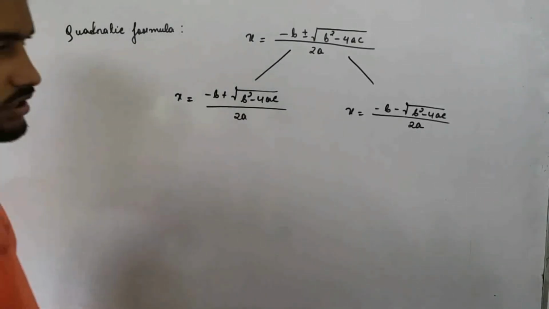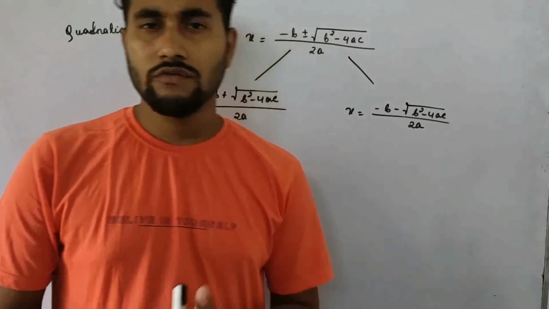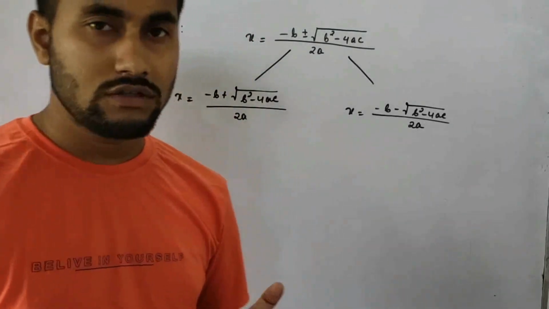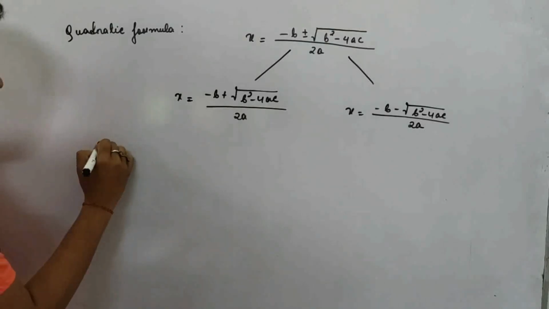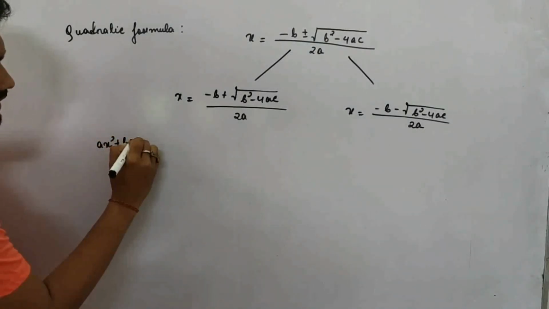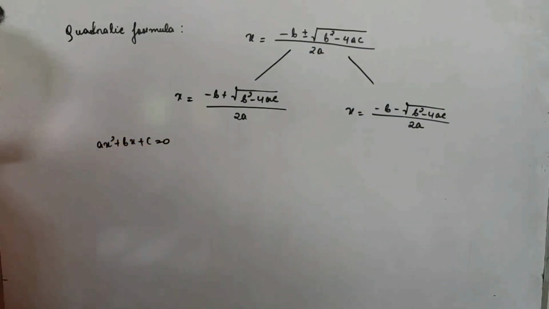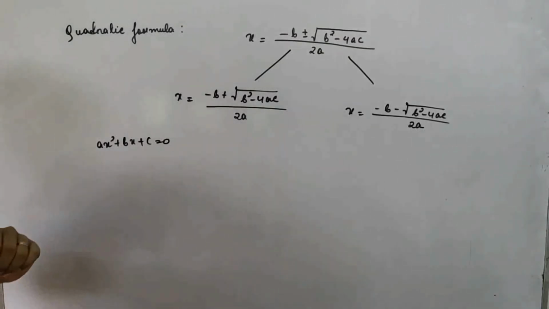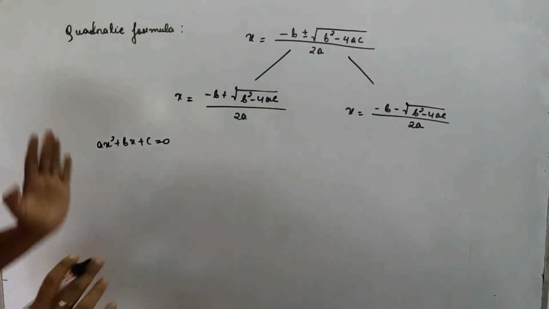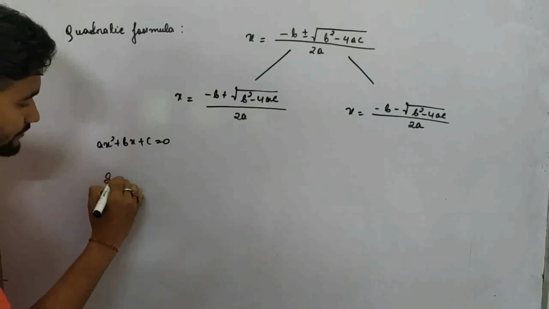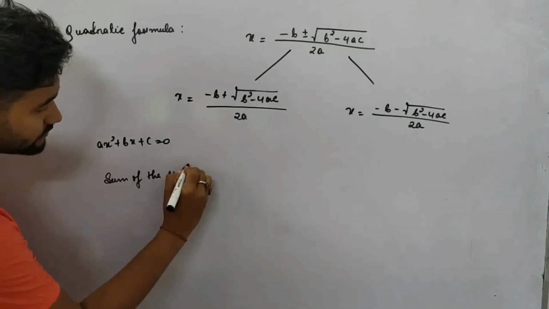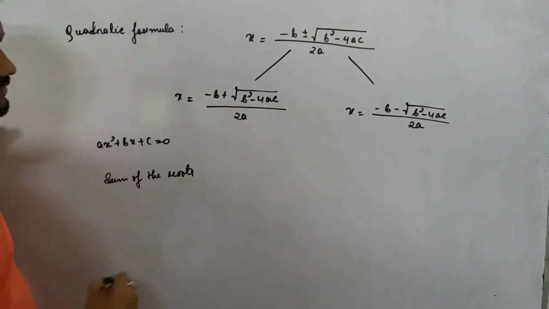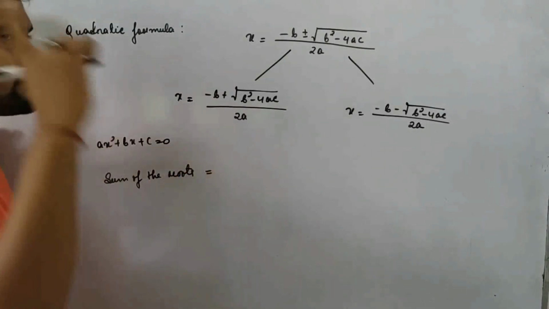Okay, so one more thing, in polynomials you have got sum of the zeros and product of the zeros, okay. So if I write the quadratic equation ax square plus bx plus c equal to 0, what will be the sum of the roots? Okay, over here it was zeros, now roots, okay. Sum of the roots will be how much? What it was there?